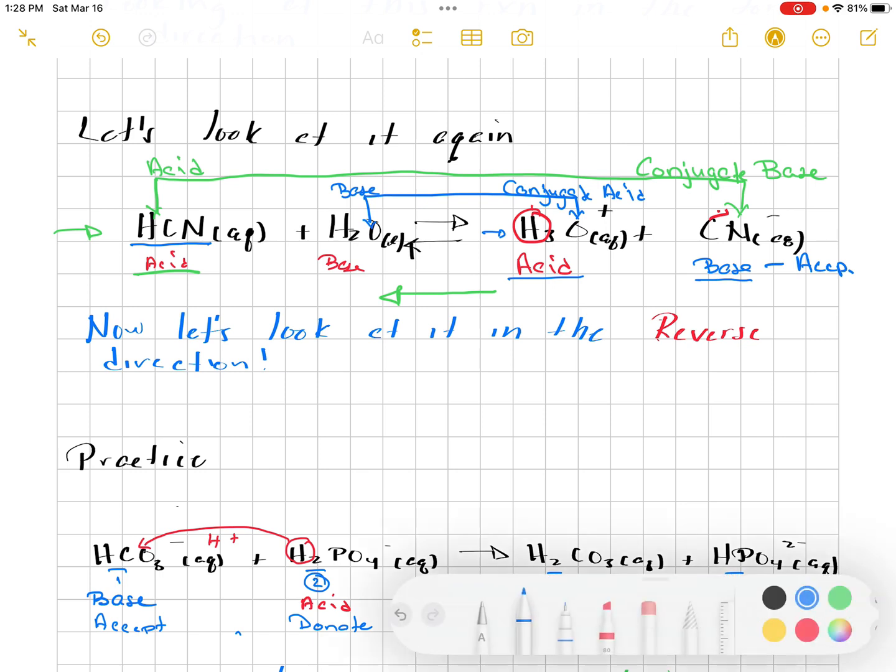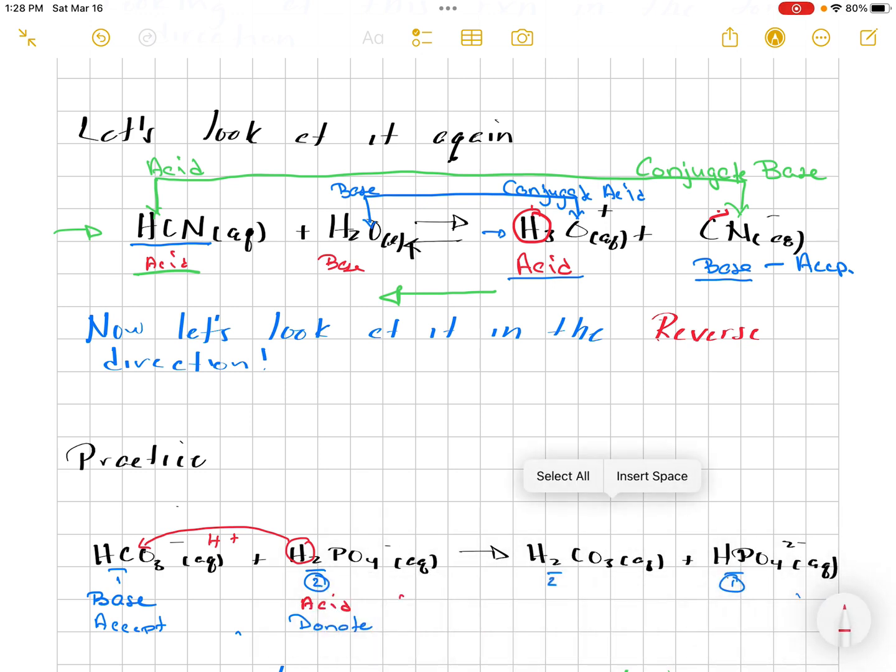If this is my acid, then the hydrogen phosphate has to be my conjugate base.